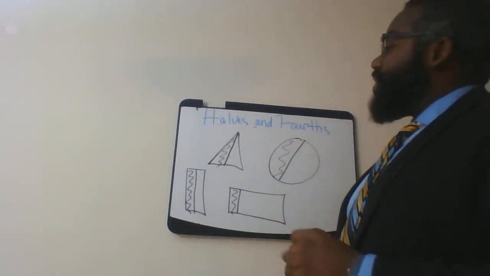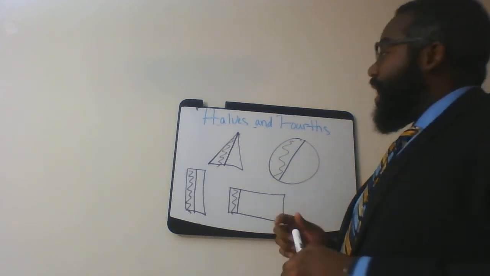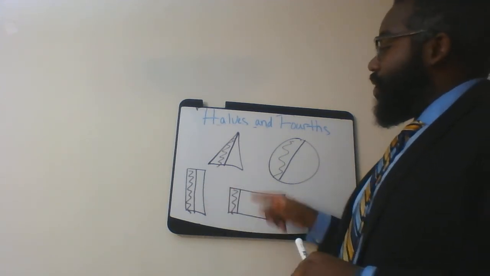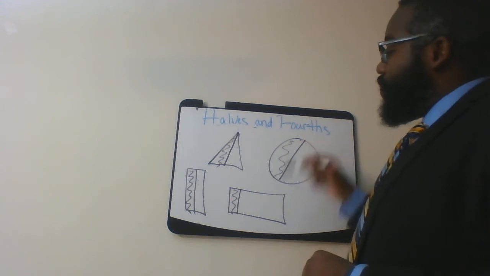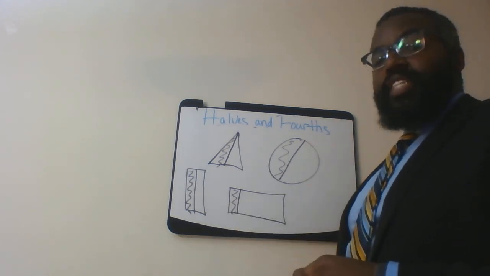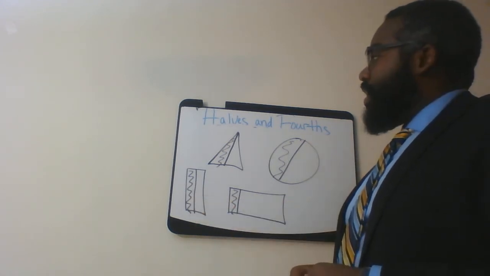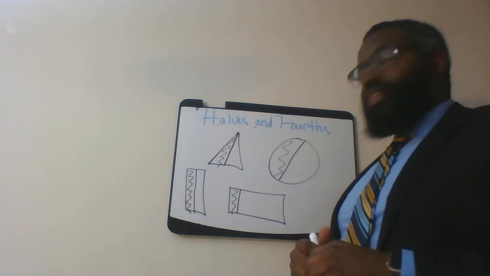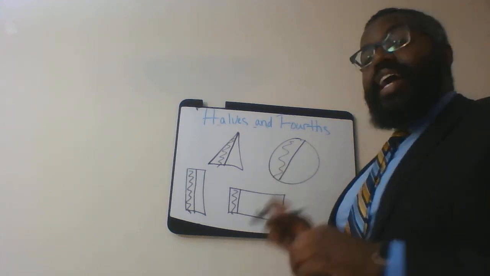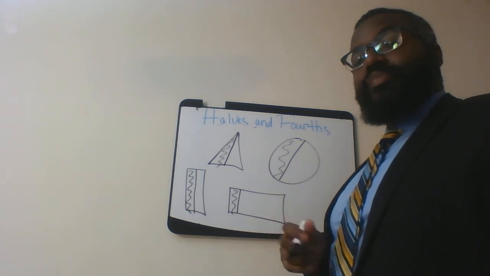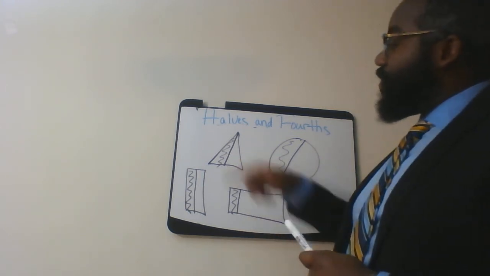Now, here's how we tell if these are halves. Notice, we all have two sides, 1, 2, and one is shaded. So these are halves. Now we have to figure out which one is not a complete half, which was not shaded equally. We'll put an X over it. Let's look at the first example here.